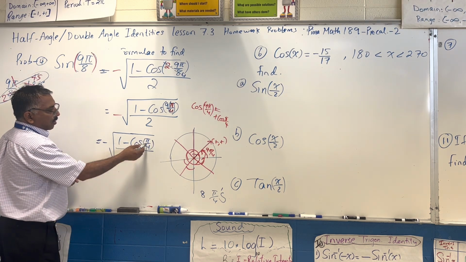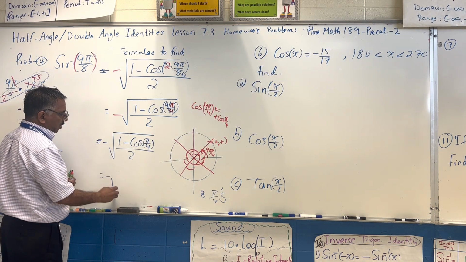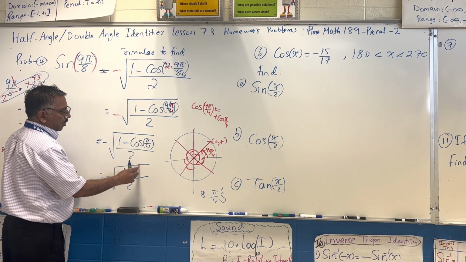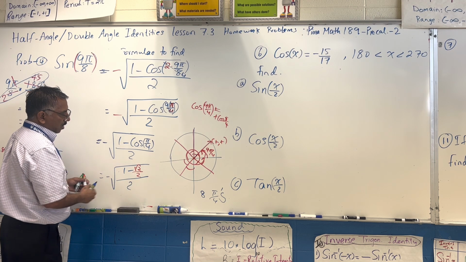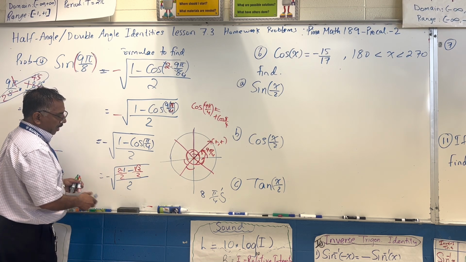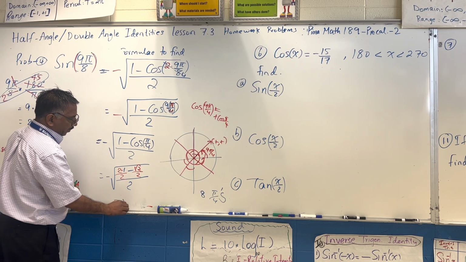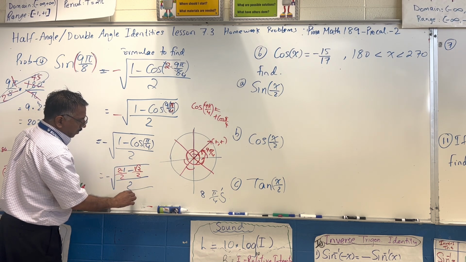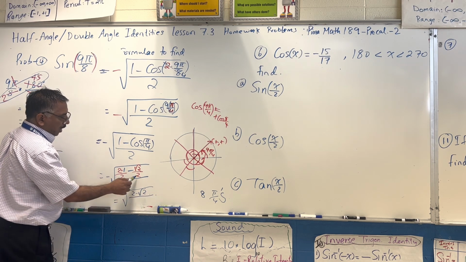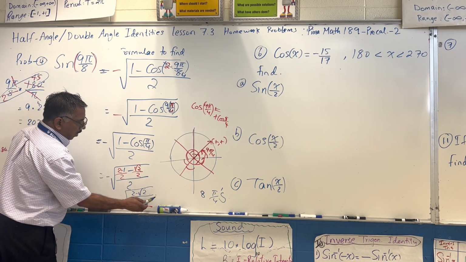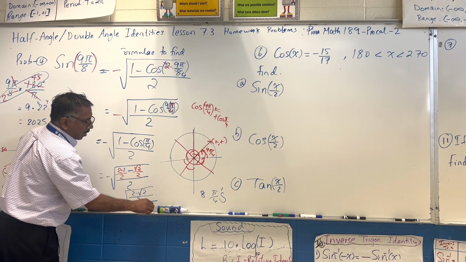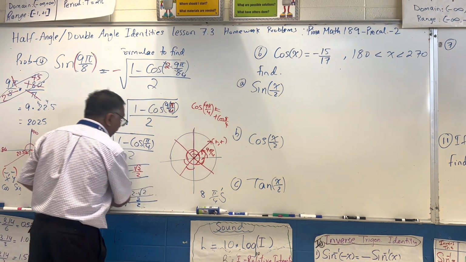And this answer now, cosine 45 is root 2 divided by 2, so I replace it by that. That's cosine. Now because you need a 2, you multiply 2 up and down. So you get 2 minus root 2 divided by 2, and then you also have another 2 there. Okay, so we can write this keep change flip.